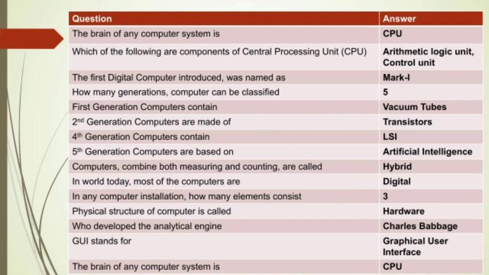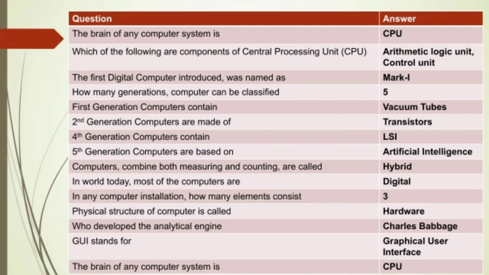Computers that combine both measuring and counting are called hybrid. In the world today, most of the computers are digital. In any computer installation, how many elements does it consist of? 3. The physical structure of a computer is called hardware. Who developed the analytical engine?